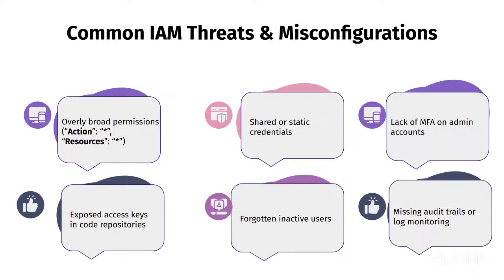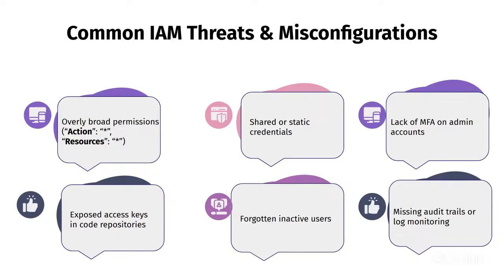So, overly broad permissions. For example, when you're creating your IAM policy and you want to grant access to a user or a resource, you put your action as star. Star is like a wildcard.